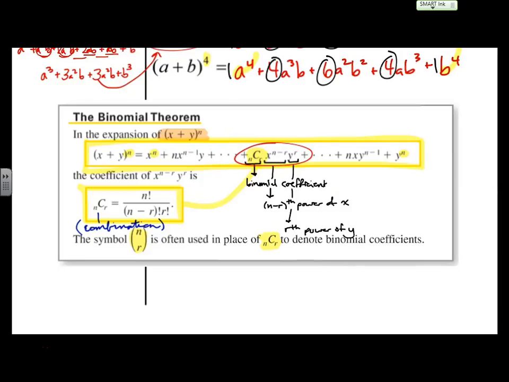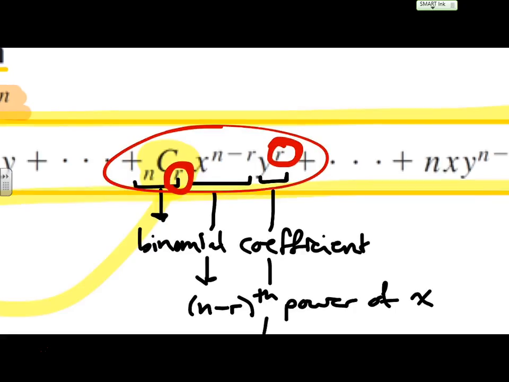You can see right here, y is raised to the r, and r is the second number in nCr. So if we know what y is being raised to, then we can know the second number to put into our combination. Or if we know the second number, then we can say what y is raised to. And x is whatever is left over from n.